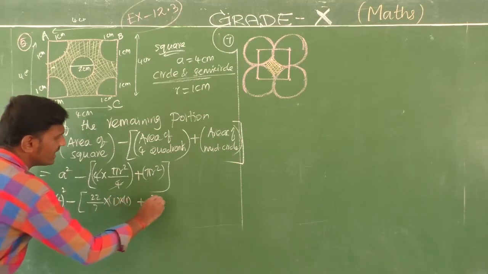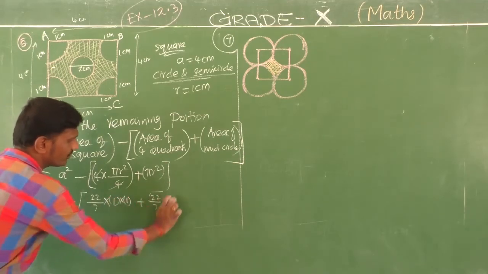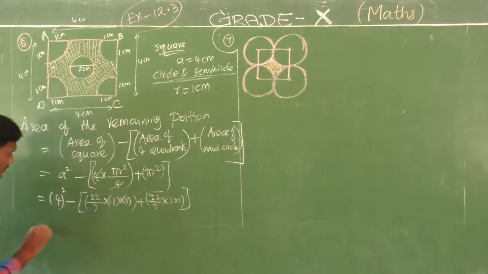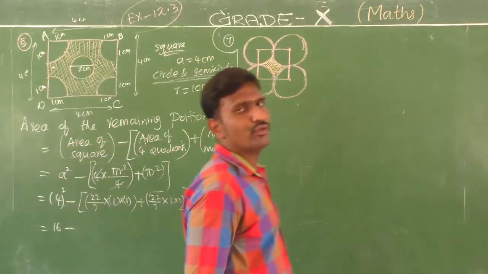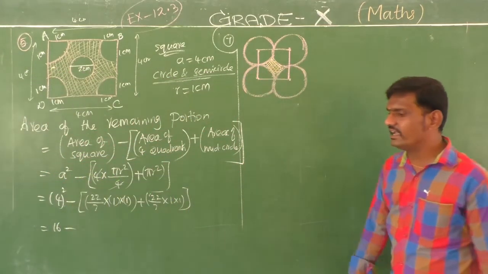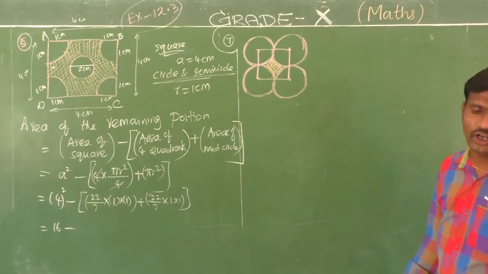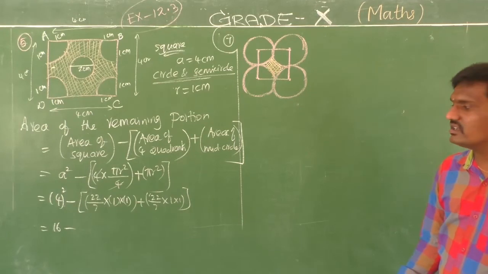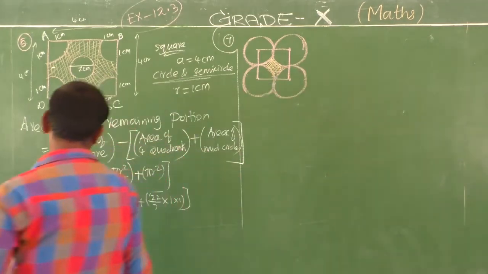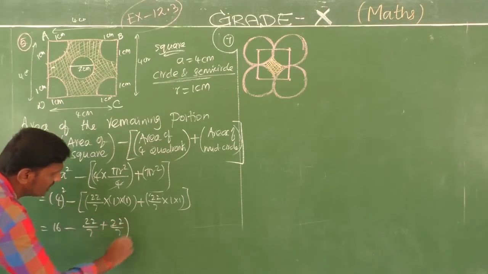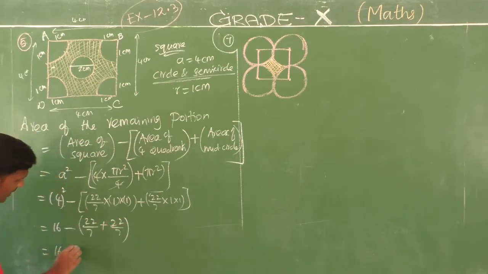The same here also, 22 by 7 into 1 into 1. 4 fours are 16, and then 22 by 7 minus 22 by 7 plus 22 by 7. Adding these, what will come? 16 minus 44 by 7.